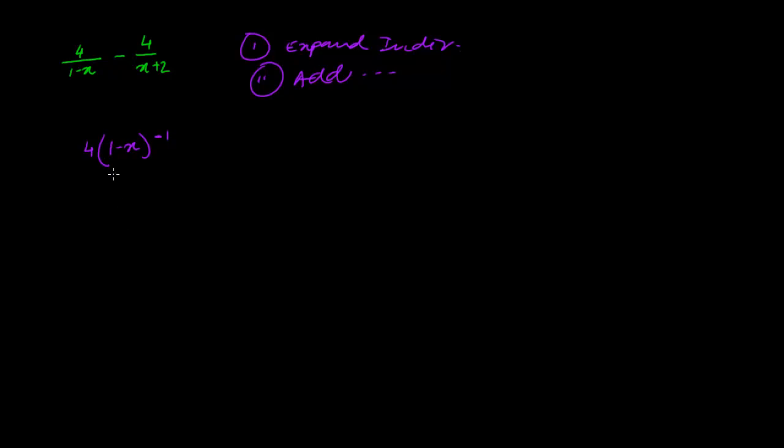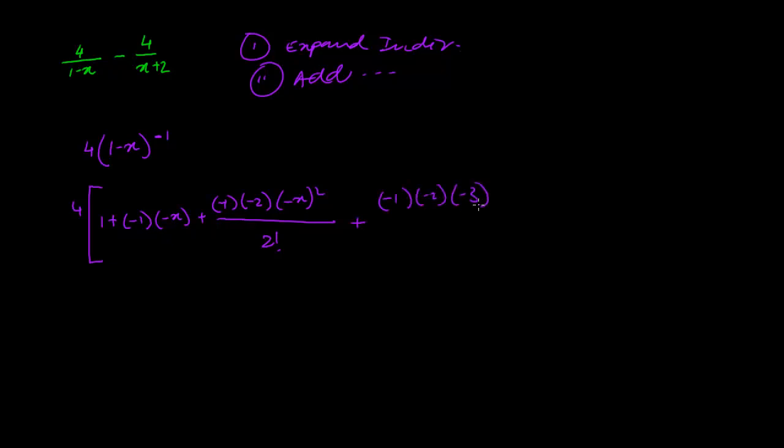That means 4 times 1 plus negative 1 times negative x plus negative 1 times negative 2 times negative x squared over 2 plus negative 1 times negative 2 times negative 3 times negative x cubed over 3 factorial.